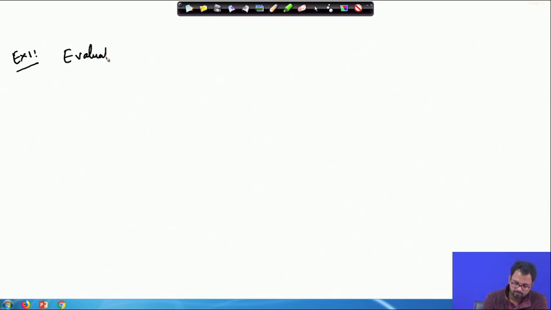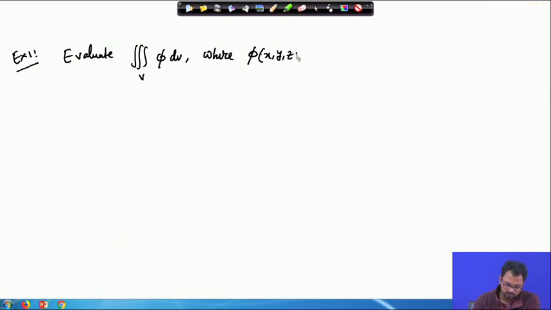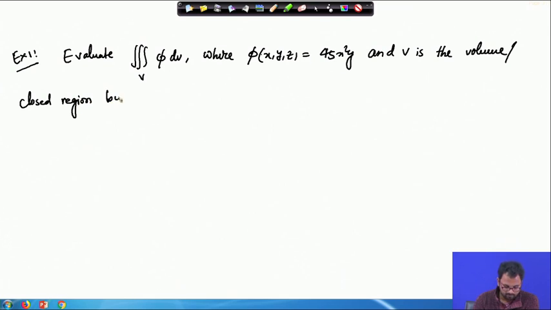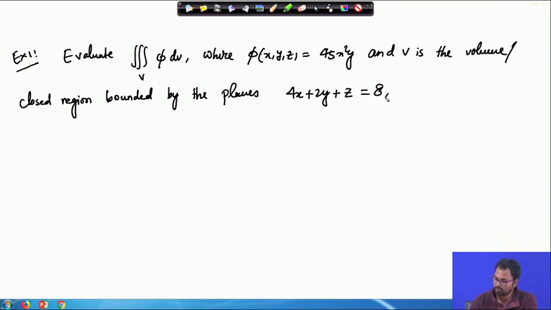Evaluate the integral over V of phi dV, where phi is 45 x squared y, and V is the closed region bounded by the planes 4x plus 2y plus z equals 8, and x equals 0, y equals 0 and z equals 0.